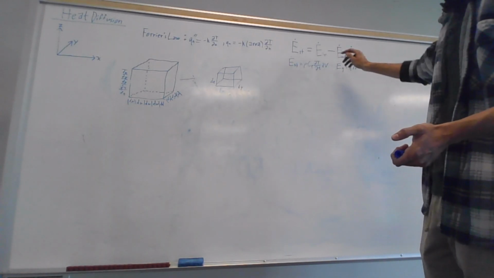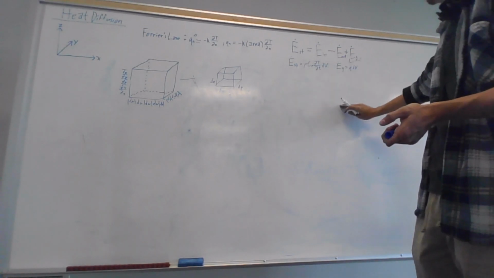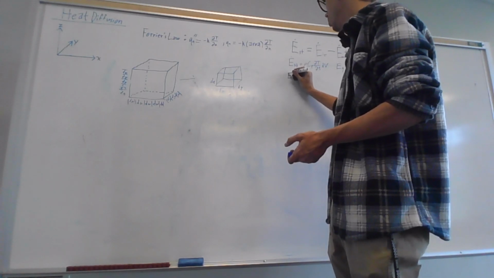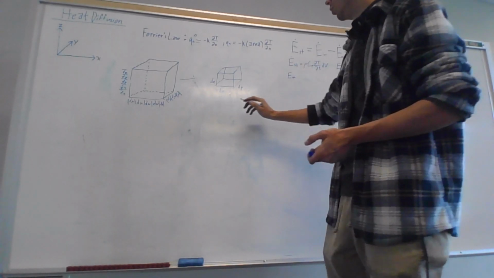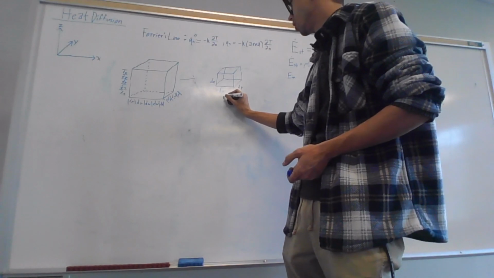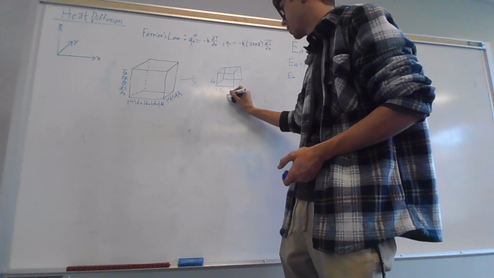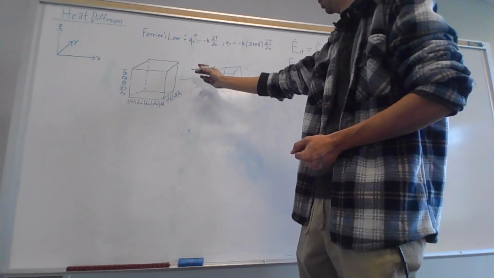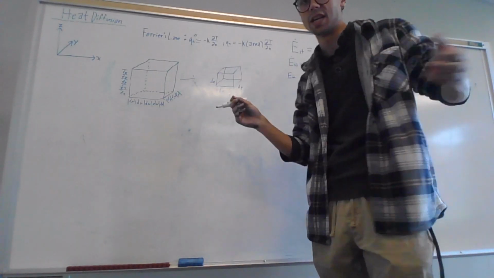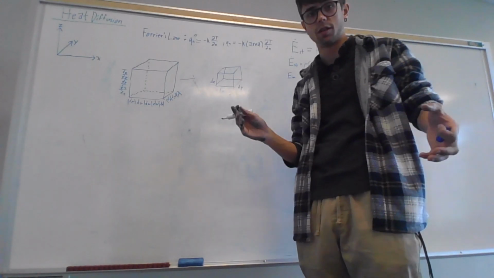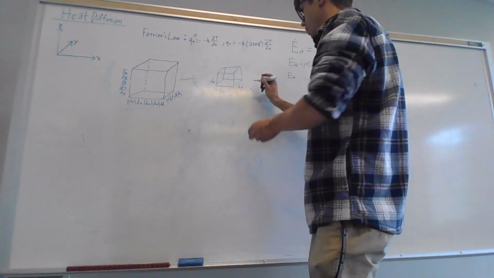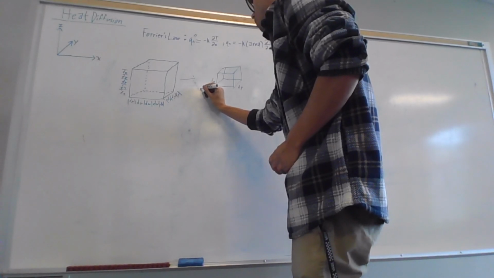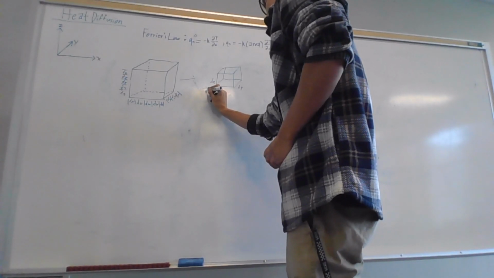So now I'm interested in energy in and energy out. Well, I can write energy in as heat going into this box. So the heat going in the x direction, going from left to right. If it's going in, that's positive, and I define the positive x direction to be on the right. So whatever's entering will be coming from the left. So I have qx coming in.